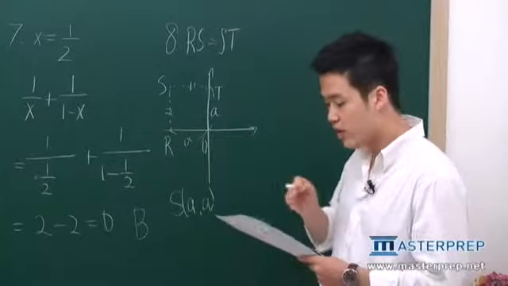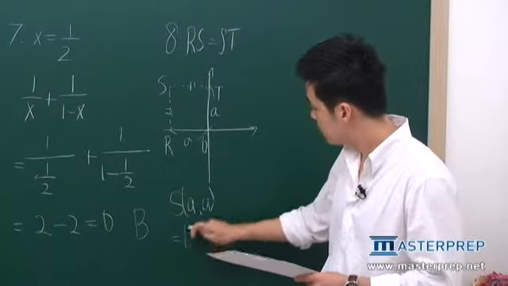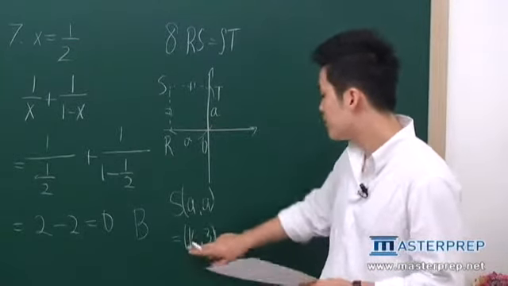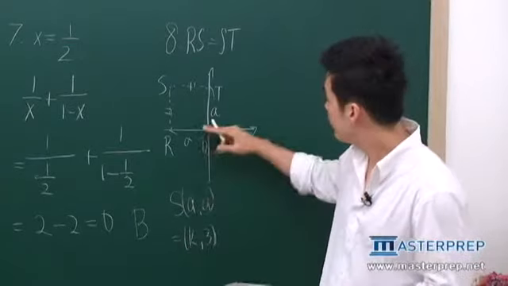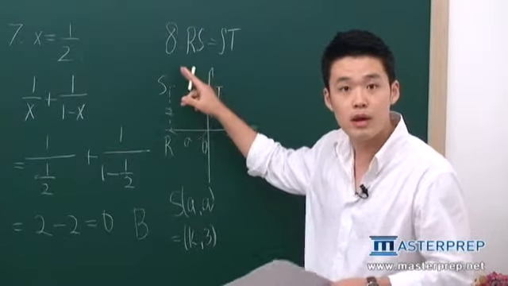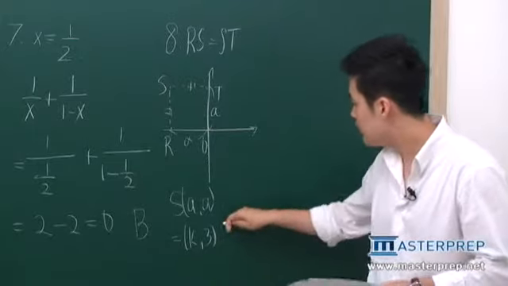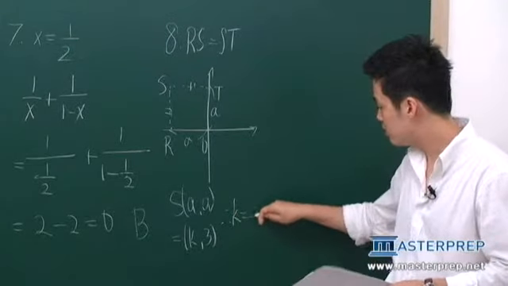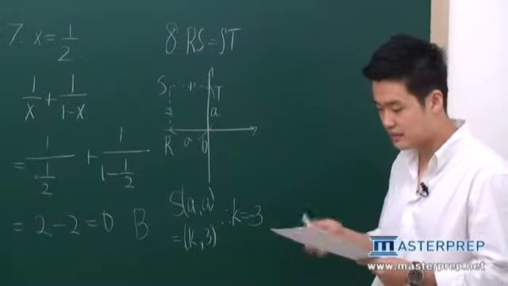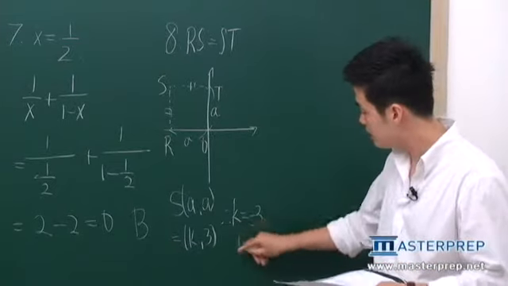We already know this is K and 3, which means K must be -3. Go left by 3 and go up by 3. So K must be -3. The answer that has the value of K as -3 is A.